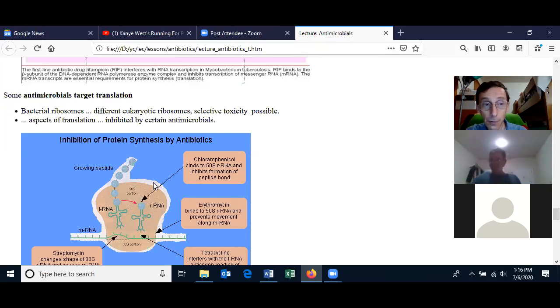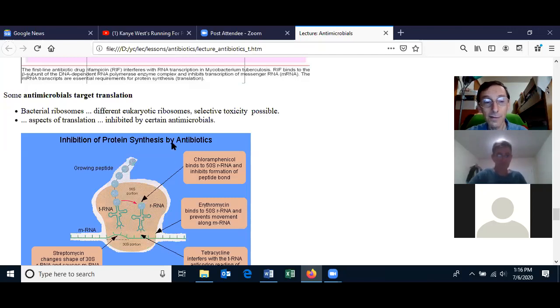Well, the few antibiotics that actually do work on the archaea belong to this group of stopping protein translation. And if you think about it, it's not that surprising because the ribosomes of archaea are similar to the ribosomes of bacteria, much more similar in that respect than they are to the ribosomes of eukaryotes.